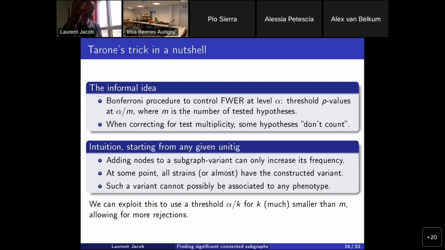If you want to control at level alpha, you will threshold the p-values at alpha divided by the number of tests that you are doing. And like I said, when we correct for test multiplicity, here some hypotheses won't count, so we won't have to divide that much. The threshold won't be that small in the end. And I already gave the intuition that adding nodes to subgraph variants will only increase the frequency. So at some point, we won't have to test anymore. We will be able to prune.